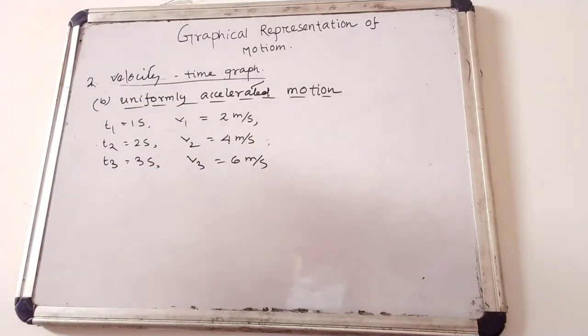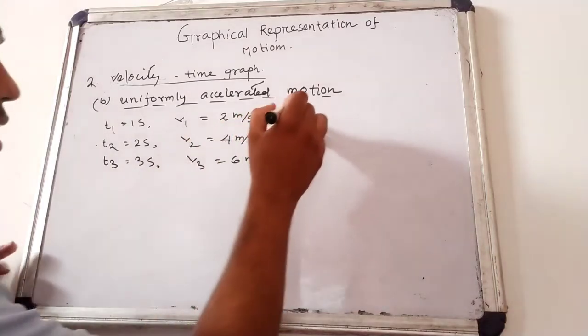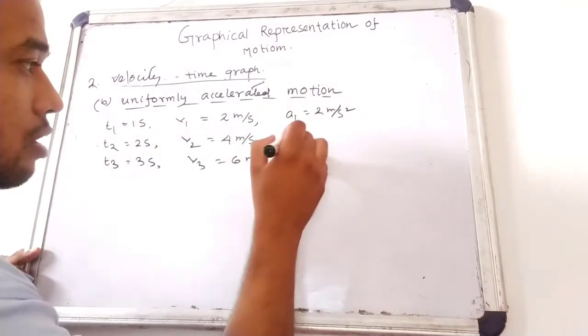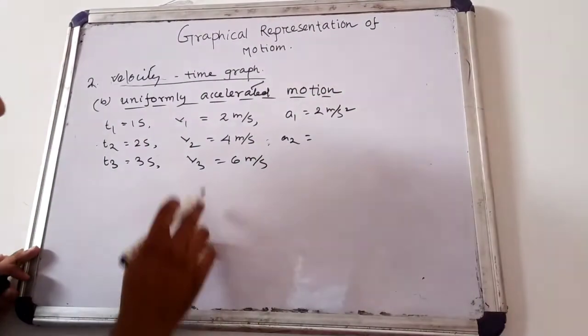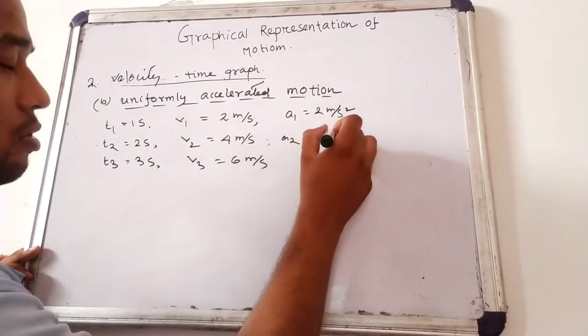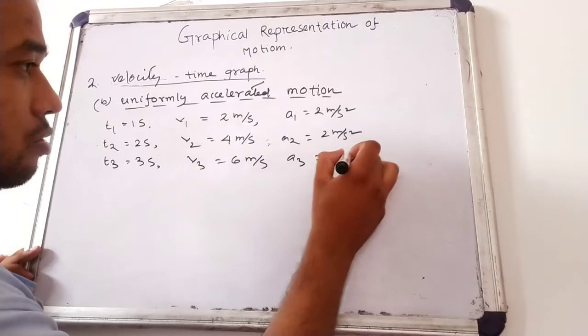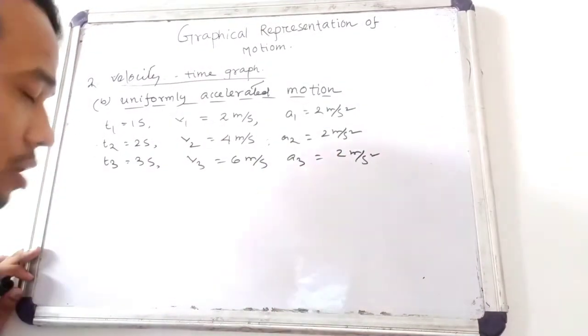So this type of motion is called uniformly accelerated motion, and for uniformly accelerated motion, acceleration will be constant, because here acceleration a1 will be 2 meter per second square. a2 will also be equal to 4 by 2, 2 meter per second square, and a3 is equal to 2 meter per second square.